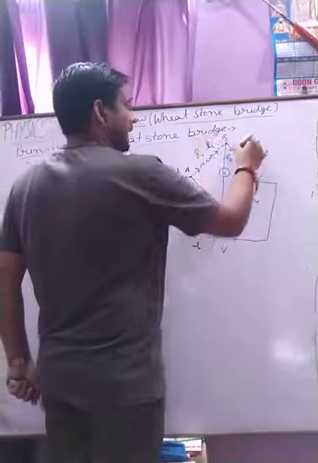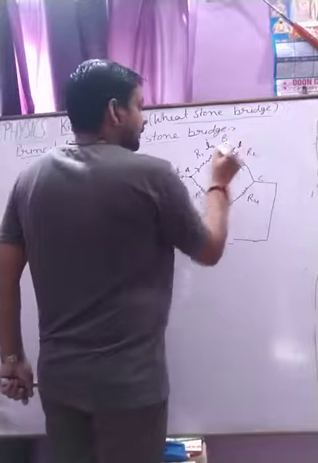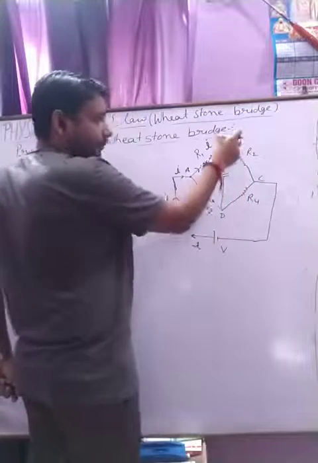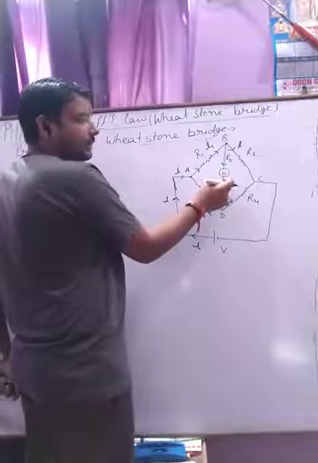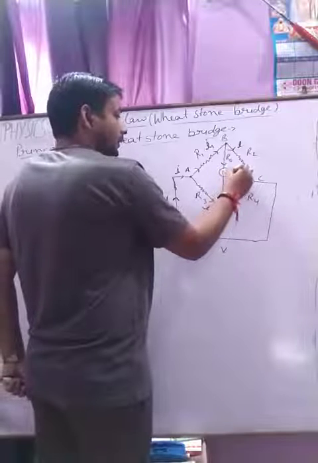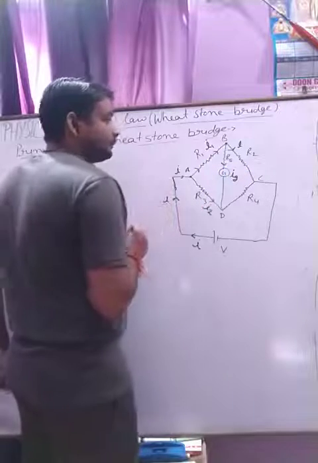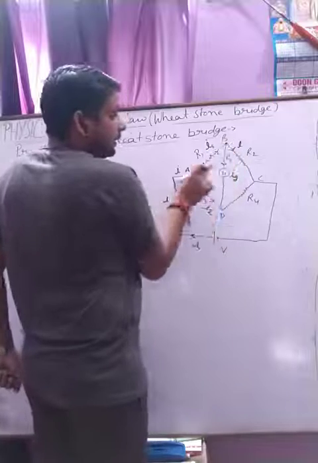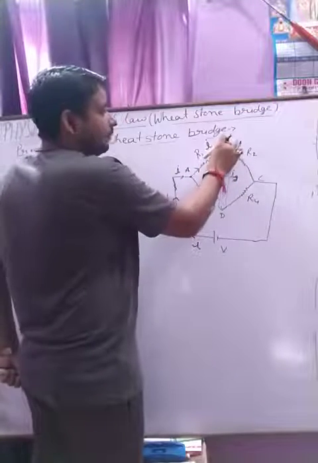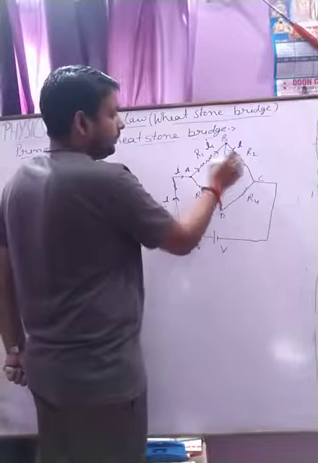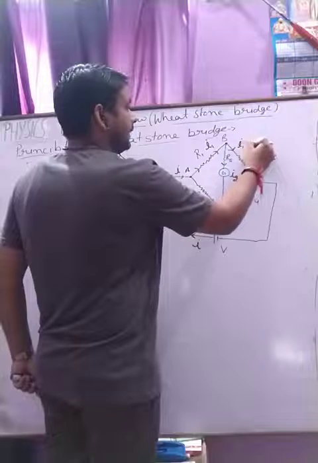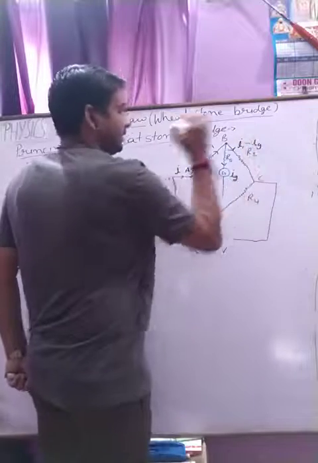Here, in this branch it passes through the galvanometer G, so this current is Ig. So the current after distributing Ig at point B, moving from B to C, is I1 minus Ig.